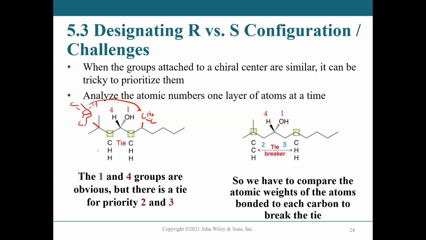This one has 2 carbons, this one has 1 carbon, so this is going to go over here. So the tiebreaker is over here. So we have 1, 2, 3. And so this would go this way. It would be S, but we have to flip it since the lowest priority is out in front, so this is an R.